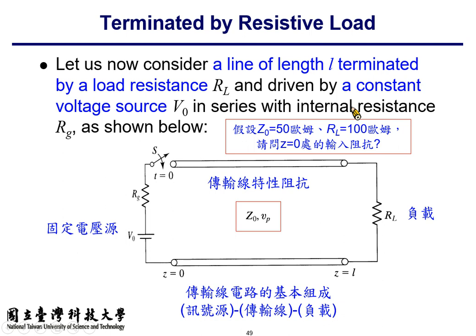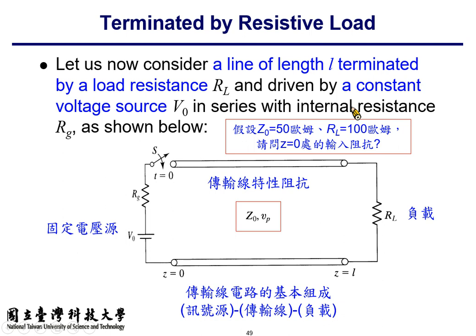However, we know that this is a DC circuit, so eventually this will settle to a conventional lumped circuit, because our signal source is DC.